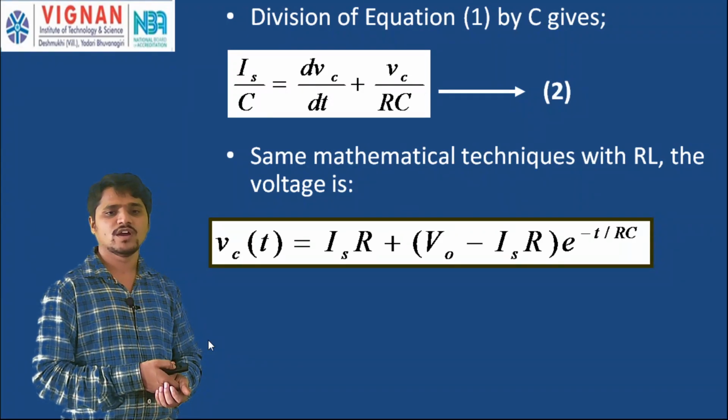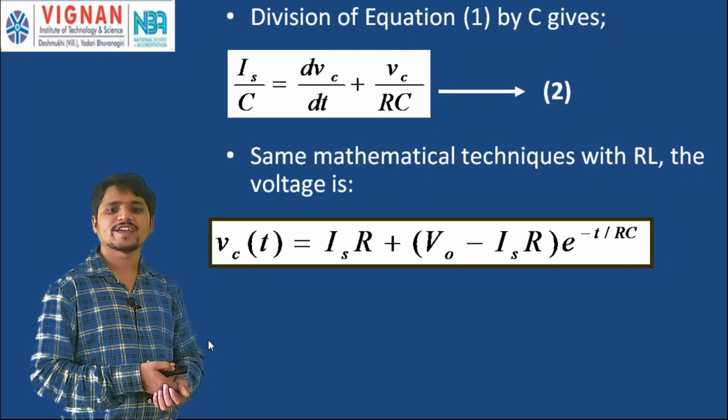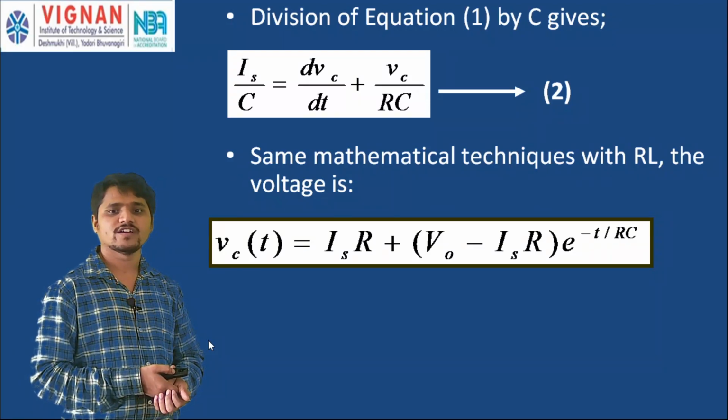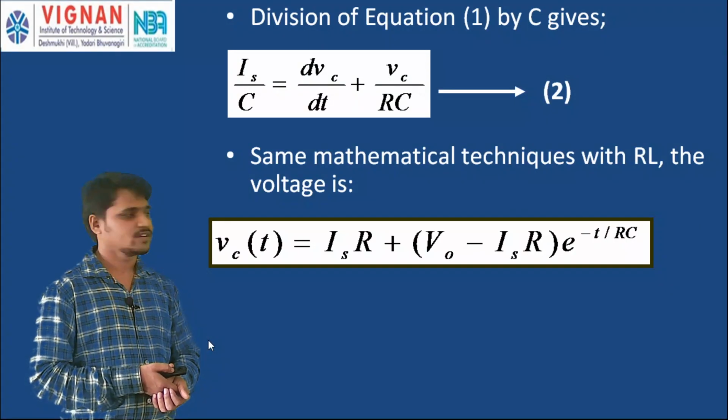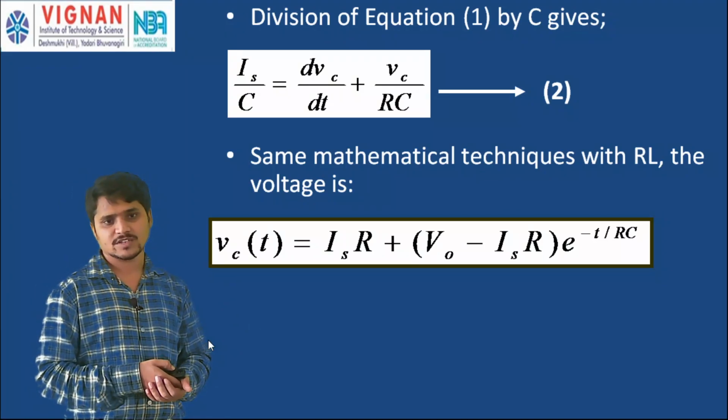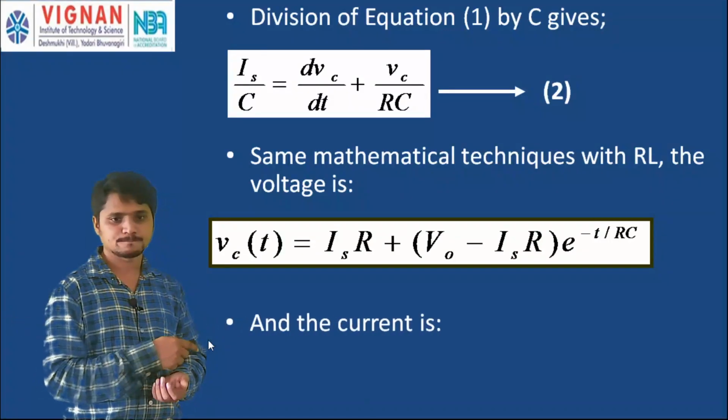Vc of t is equal to Is into R plus V0 minus Is into R, into e to the power of minus t by RC, where RC is the time constant tau, so e to the power of minus t by tau. The time constant of the RC circuit is the product of resistance and capacitance, RC.